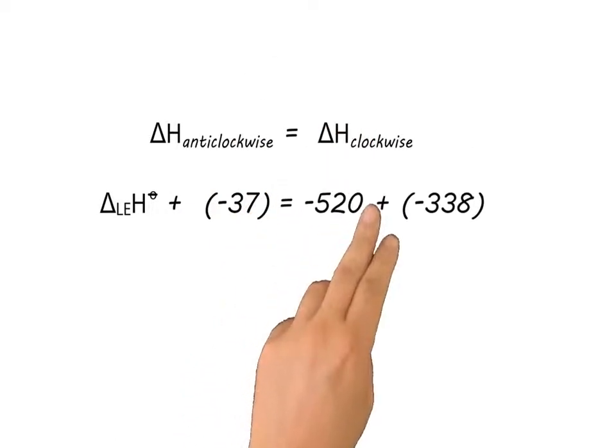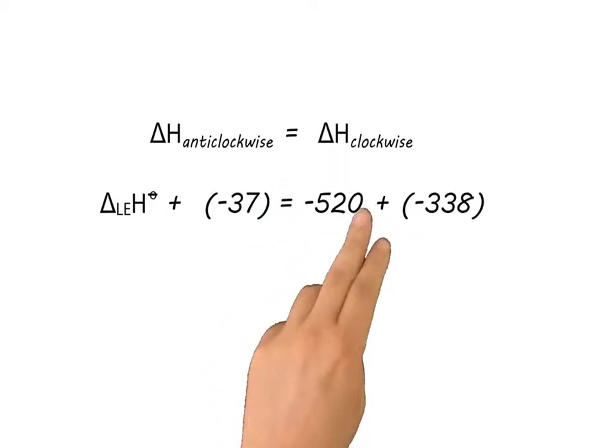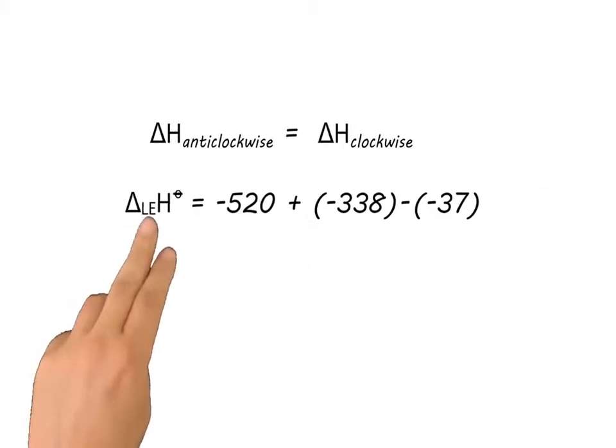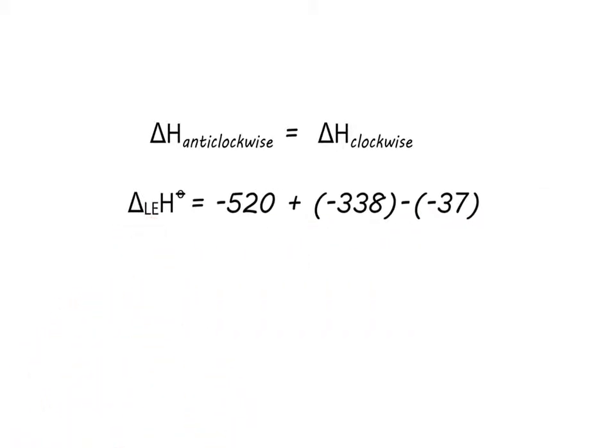We need to make the standard lattice enthalpy the subject, so we subtract minus 37 kilojoules per mole from both sides. If we plug these values, exactly as they are written here, into our calculator, we obtain a value of minus 821 kilojoules per mole for the standard lattice enthalpy of lithium chloride.